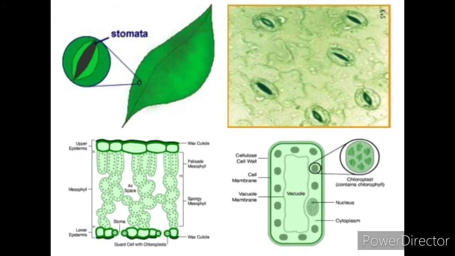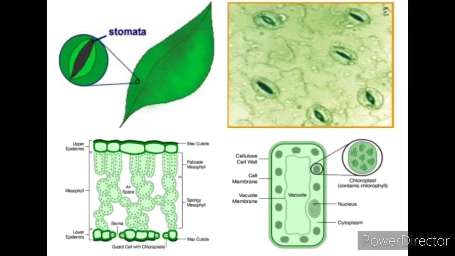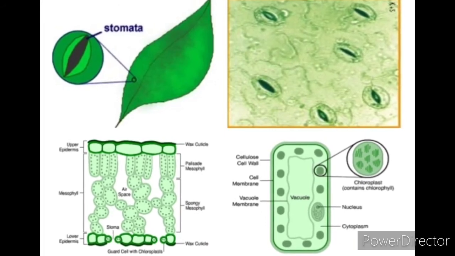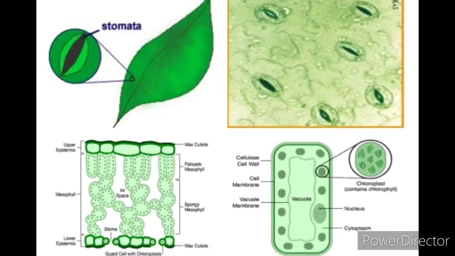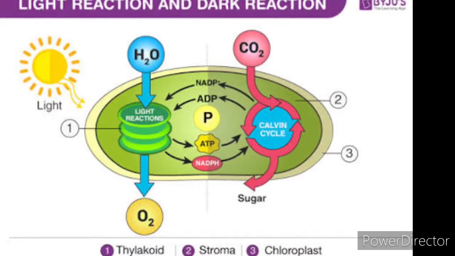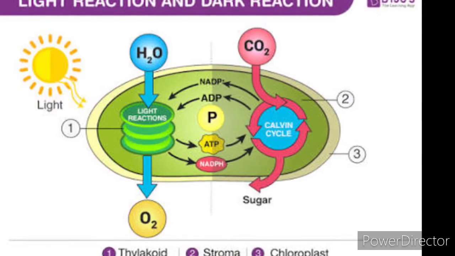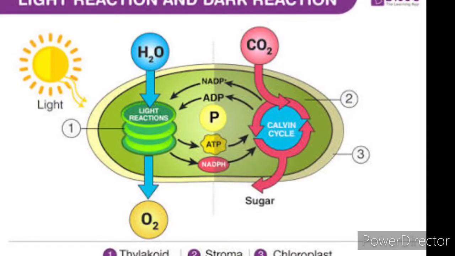Here you can see small pores. These are stomata cells. Through these cells, CO2 enters, and this is what we are taking here. It is the Calvin cycle. It has the dark reaction and light reaction phases of the photosynthesis process.